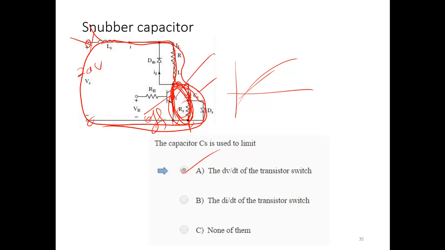The current will be too much and will damage the transistor, because you had the CS to protect the device. So you put the RS so that if the capacitor has 100 volts and the transistor comes on next time, the current through the transistor is the voltage divided by RS. You limit the discharging current of the capacitor.